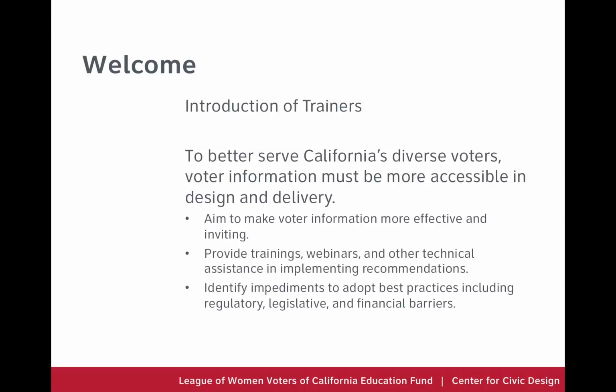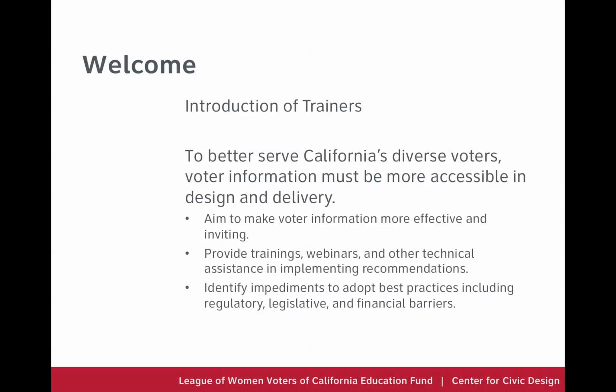And the purpose behind the research and the subsequent manual that hopefully you've all had a chance to look at is we wanted to create an easy-to-use resource that would help election officials work to more effectively educate Californians' diverse electorate. And to that end, the initiative is designed to make voter information more effective, more inviting, and more useful.